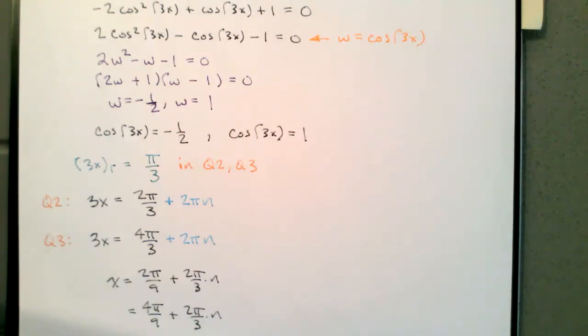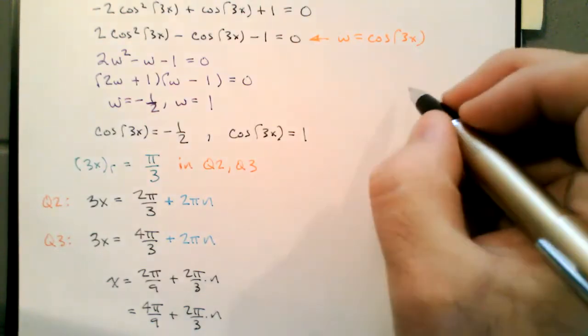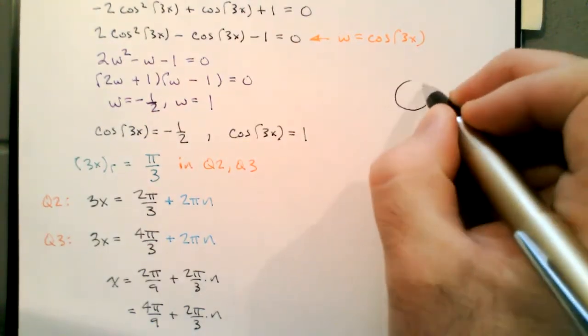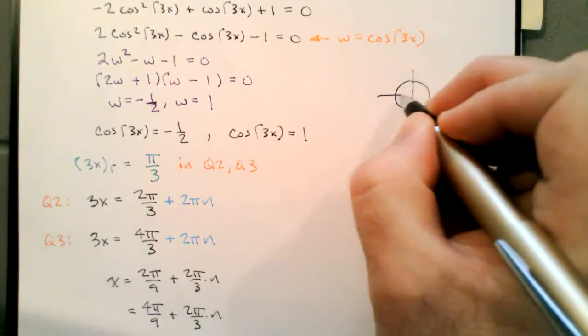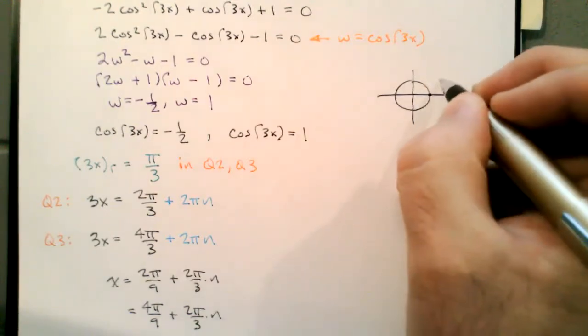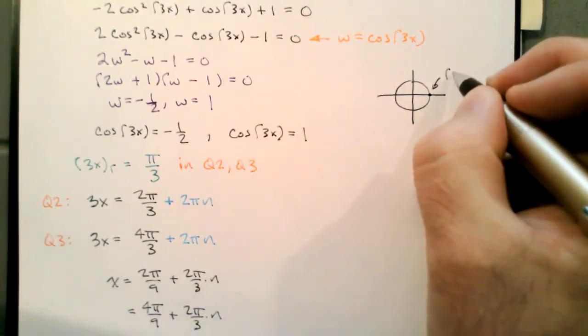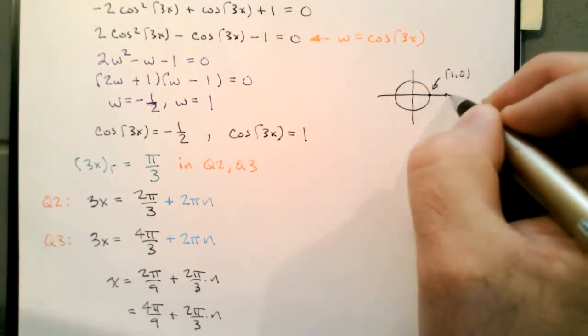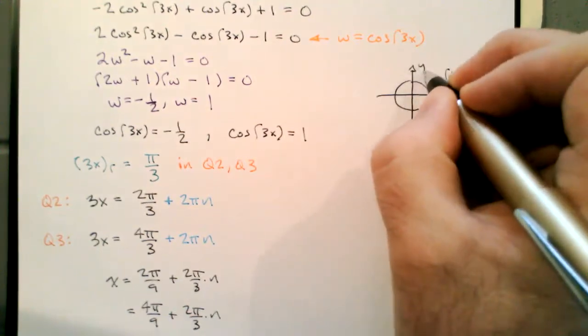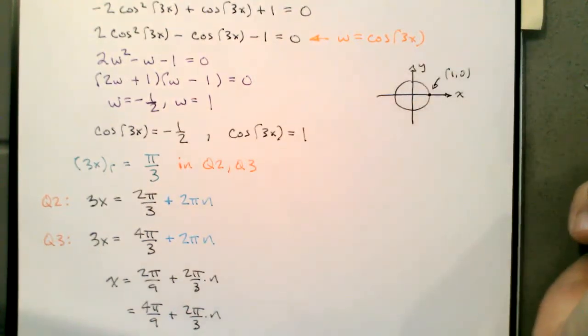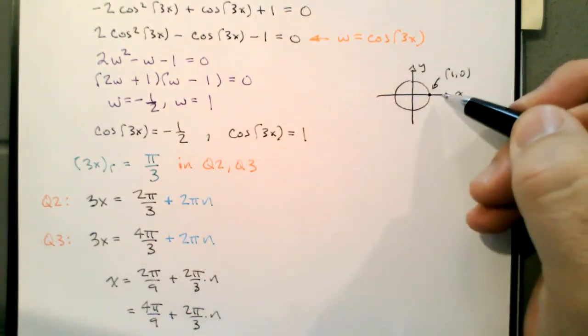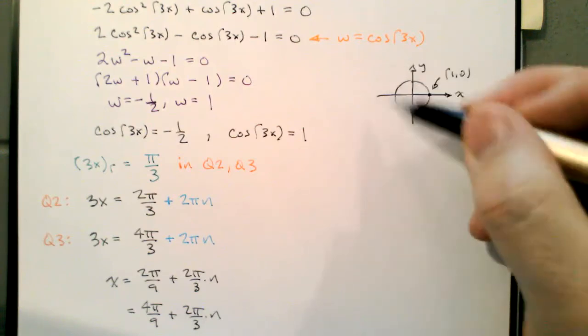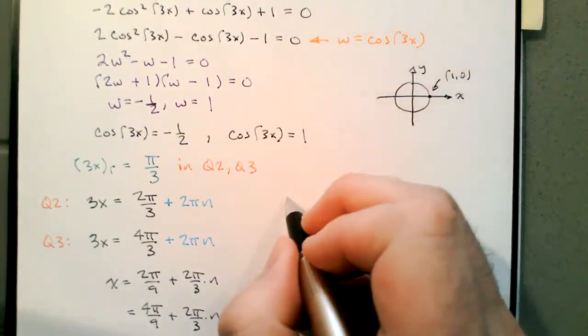We're also going to have to solve cosine of 3x is equal to 1. So if cosine of 3x is equal to 1, if we think about our unit circle, we're only going to get that at this point, the point 1, 0. So 3x is going to be 0 plus full circles.